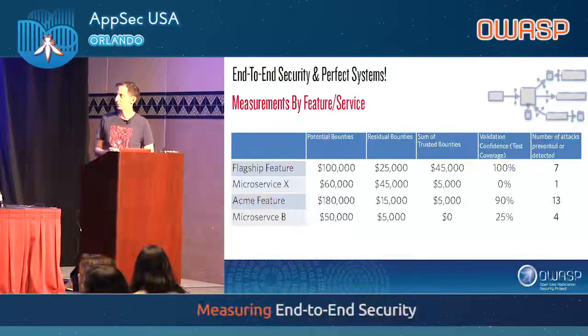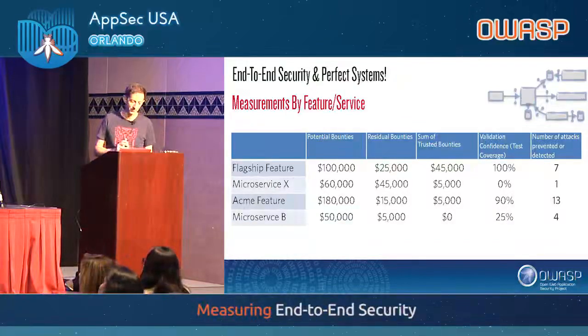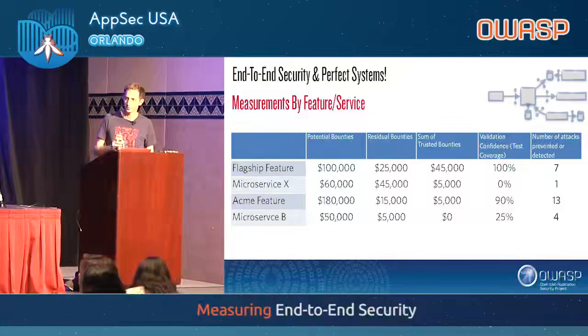Its residual bounty is $25,000 after we put in the controls, but the sum of trusted bounties is $45,000. So it's got a much bigger problem trusting these other services that are insecure. Whereas with the others, their bounties are much higher than the systems they trusted.